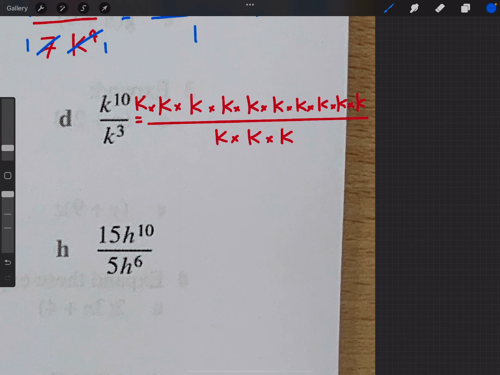And we can just cancel it out. You take away 3 from the bottom and 3 from the top. That's why you have 7 left, k to the 7. So that's why the answer is still k to the 7. That's another way you can think about it.